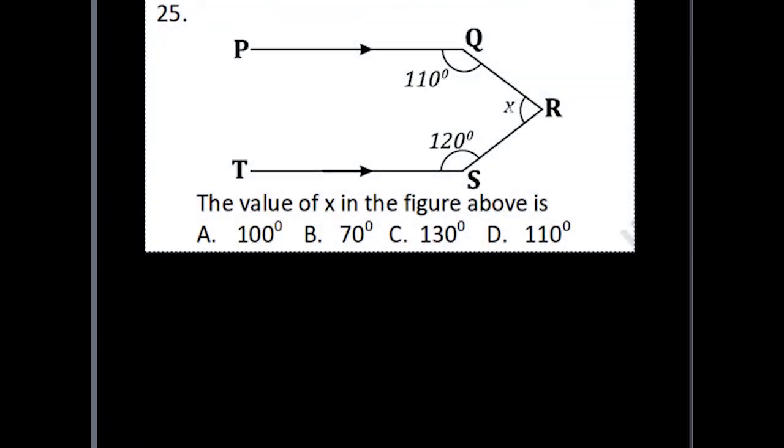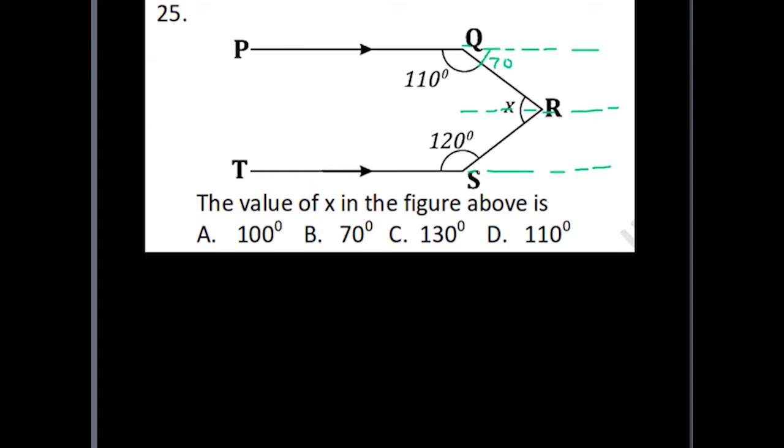This one says find the value of x in the figure above. The same way we did question 24, we can extend this and extend this also. This point Q, where this line is inclined, also forms a straight line with the extension. Sum of angles on a straight line is 180, so if this is 110, the remaining angle is 70.